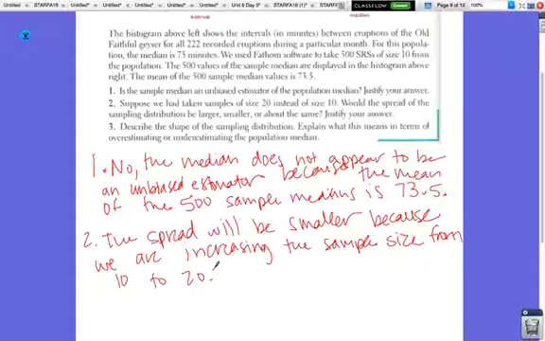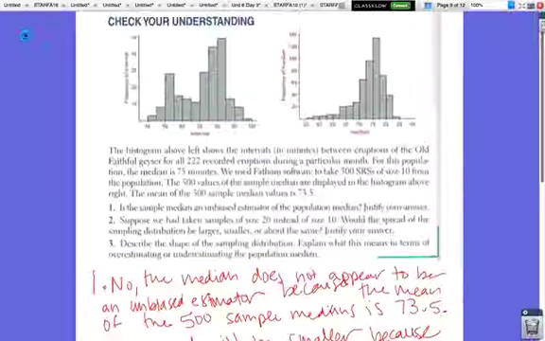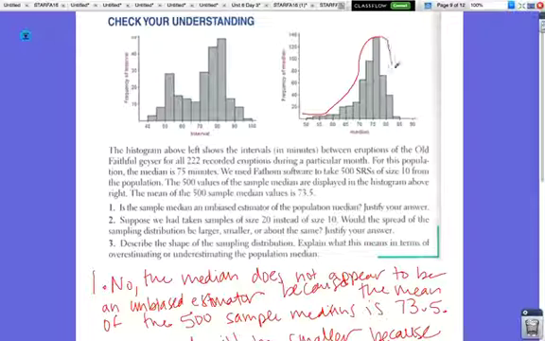Three asks us to describe the shape of the sampling distribution. Explain what this means in terms of overestimating or underestimating the population median. So, basically, remember that this is the graph of the sampling distribution. We are just describing what that shape looks like. And so if we sketch out what it looks like, it appears to look like this, which looks like it's skewed a little bit to the left.